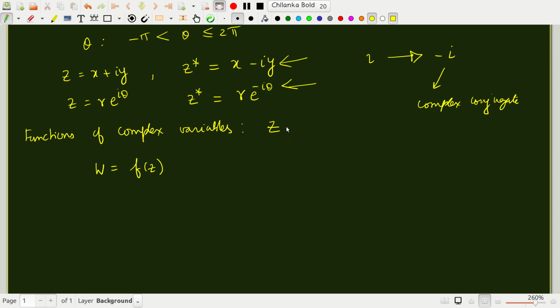Because z is x plus iy, which has real and imaginary parts, w, which will also have real and imaginary parts, is normally written as u plus iv. This is the real part of the complex function w. This is the imaginary part of the complex function w. And of course, the real and imaginary parts themselves are functions of the two variables x and y, which are the real and imaginary parts of the complex number z itself.